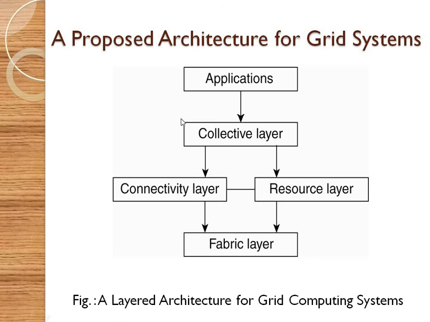The collective, connectivity, and the resource layer form the heart of the grid computing, and it is also called the grid middleware layer. So this is the layered architecture of grid computing system.